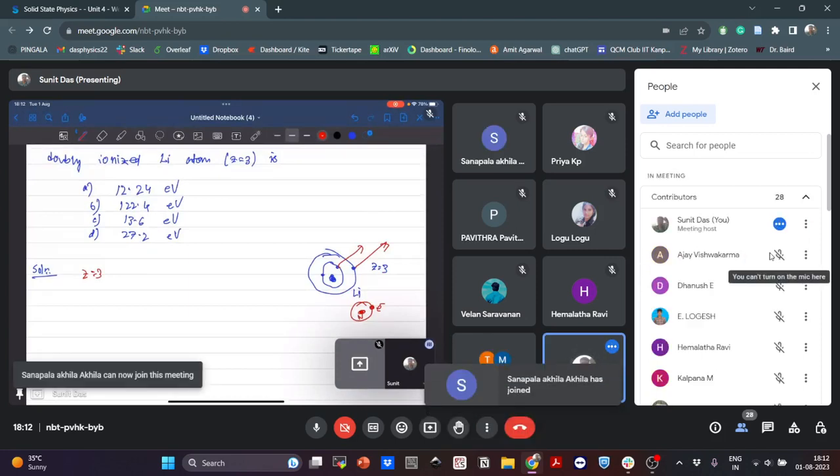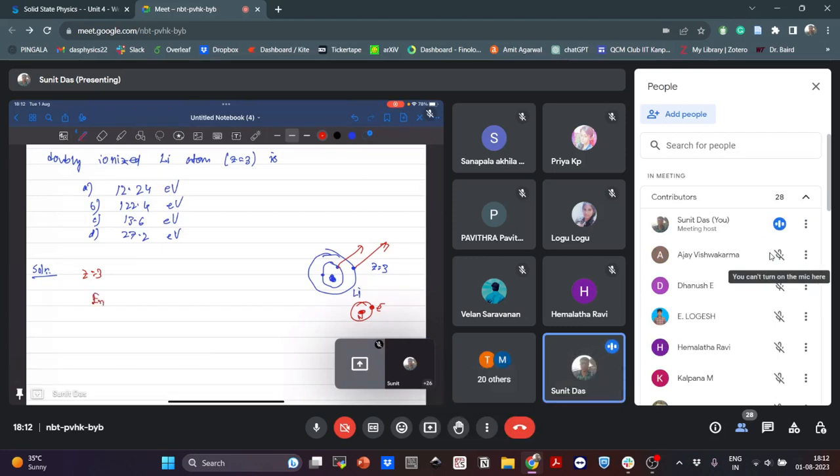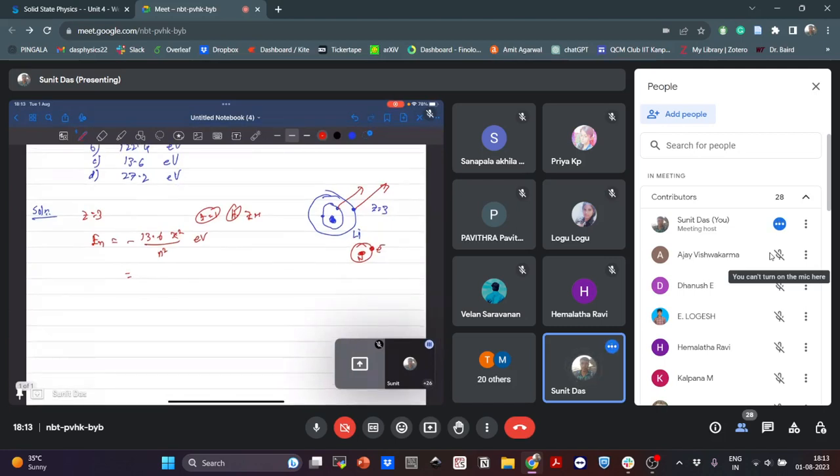So what do we know? The electron's energy at the nth orbit, the general formula is given by minus 13.6 Z square by n square, where Z is the atomic number, in electron volt unit. If you put Z equal to 1, then this is for a hydrogen atom, proton number 1, and here we are given Z equal to 3, lithium atom, and since this is in the first orbit itself, n equal to 1.